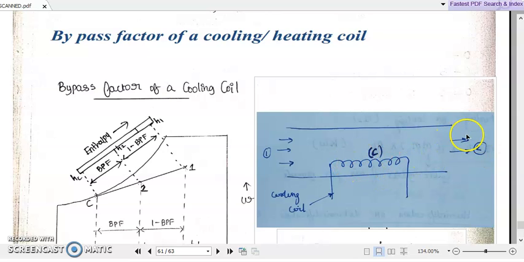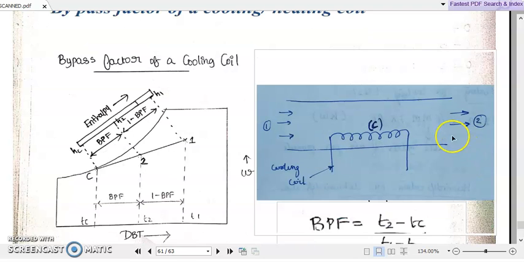So at the exit 2, the final stream of air coming out will be a mixture of both cooled and uncooled air molecules.